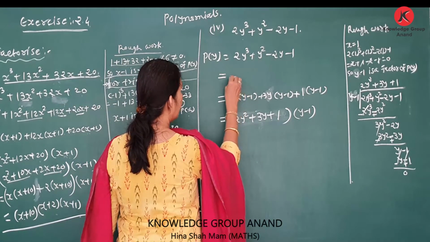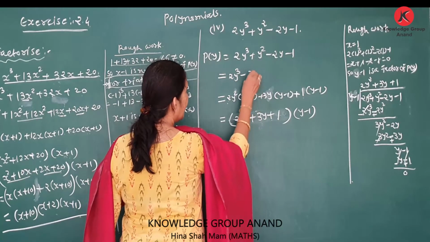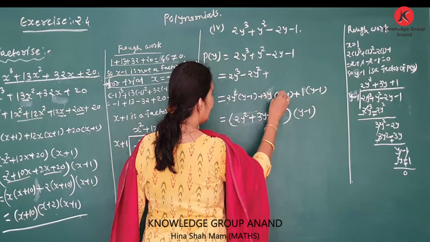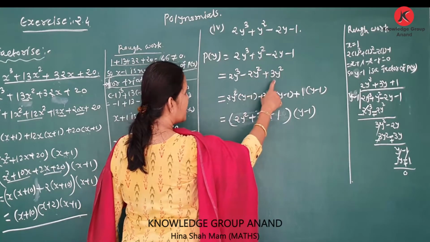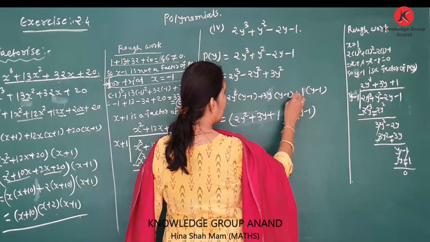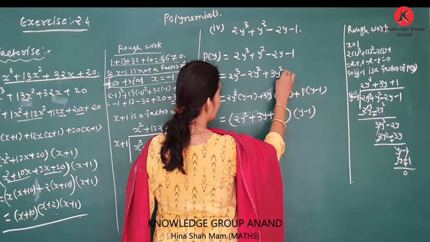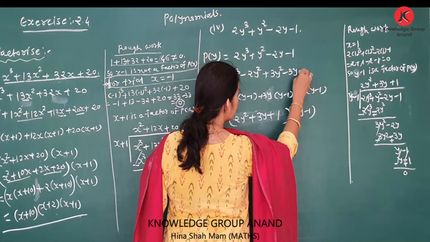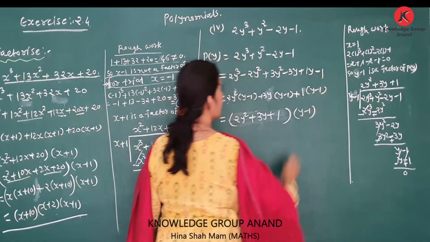2y square into y is 2y cube, minus 2y square, plus 3y into y, 3y square. Here y square is split as minus 2y square plus 3y square, then minus 3y plus y, and minus 1.